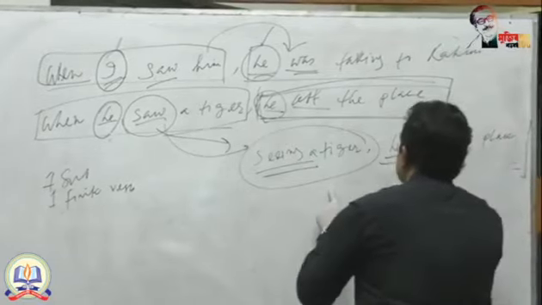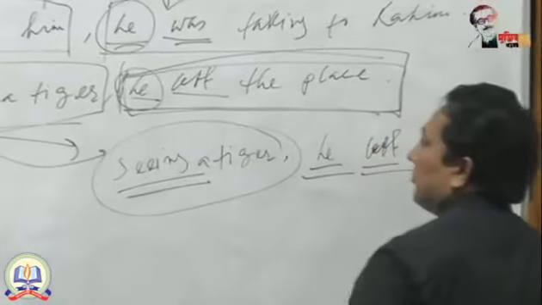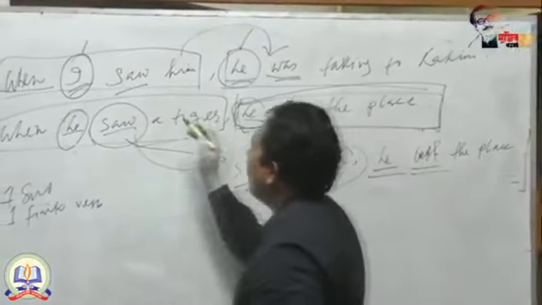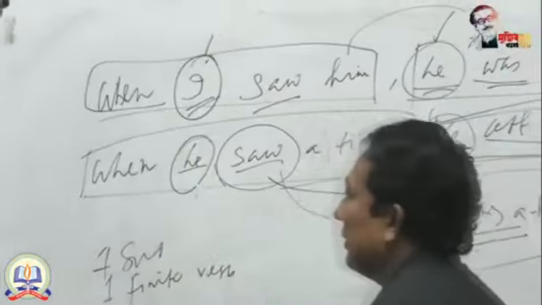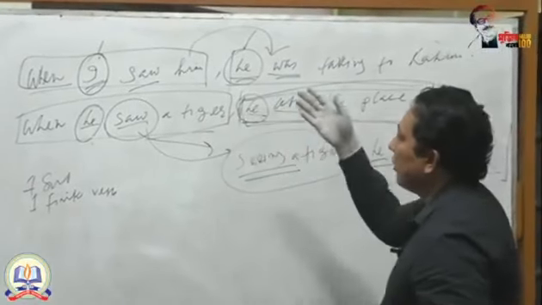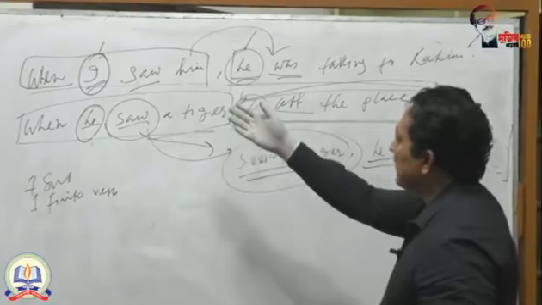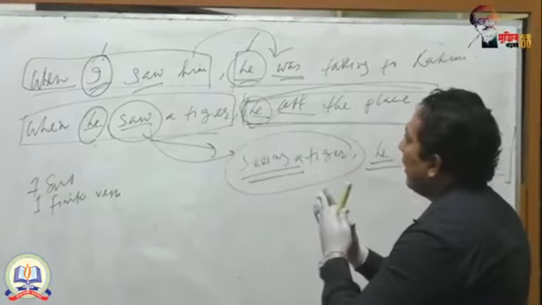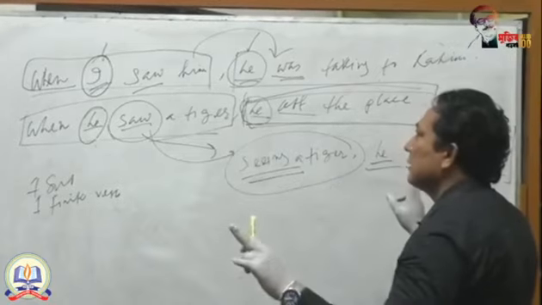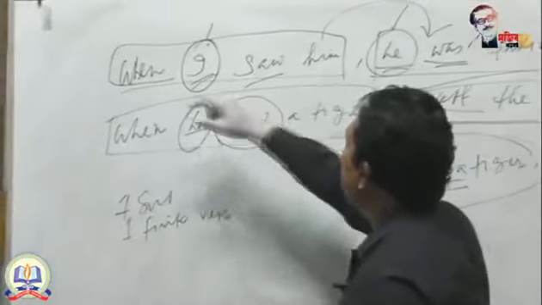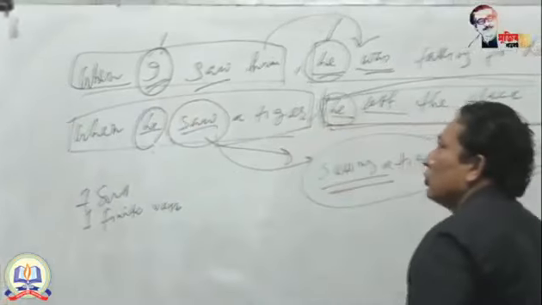Here you are getting a single subject, a single verb. That means it is a simple sentence. What will you do here? Here you are not supposed to deduct any subject, because these two different actions are performed by two different persons. So you are not allowed to omit any subject from here. What will you do then?